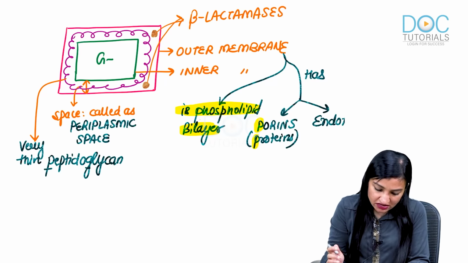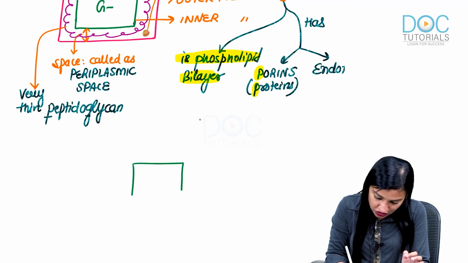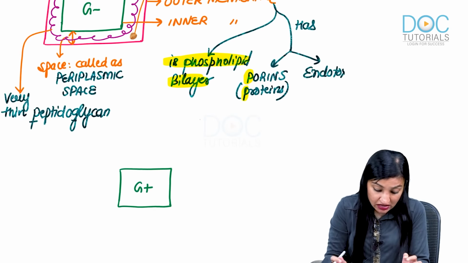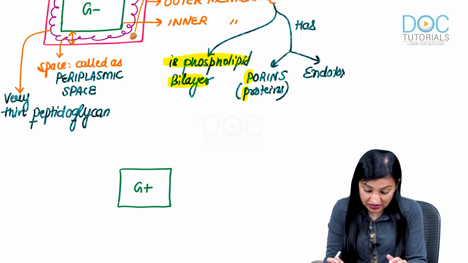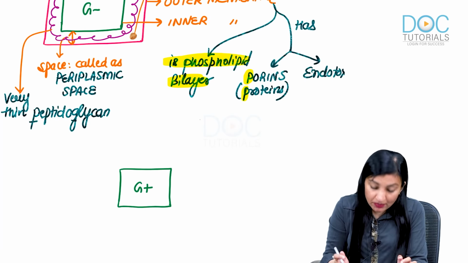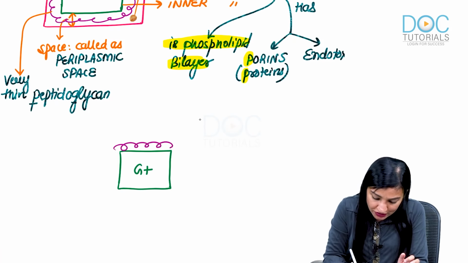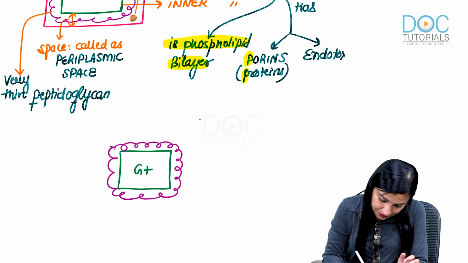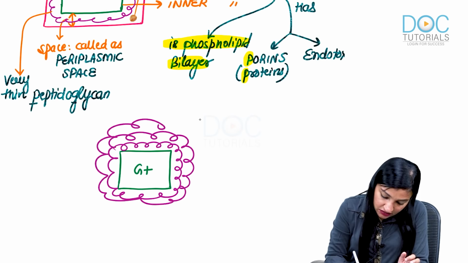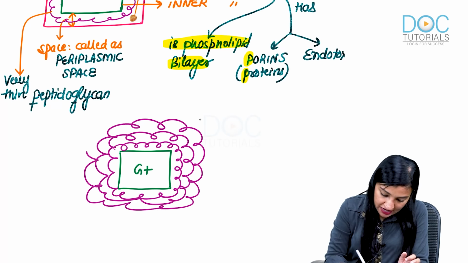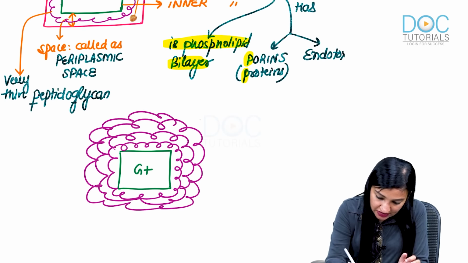Now let us come back to the gram positive structure. Let us see where its peptidoglycan is located. Gram positive bacteria do not have the outer membrane, and they have a very, very thick layer of peptidoglycan.